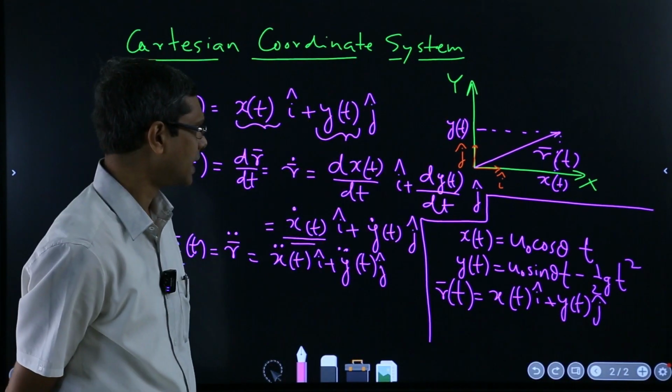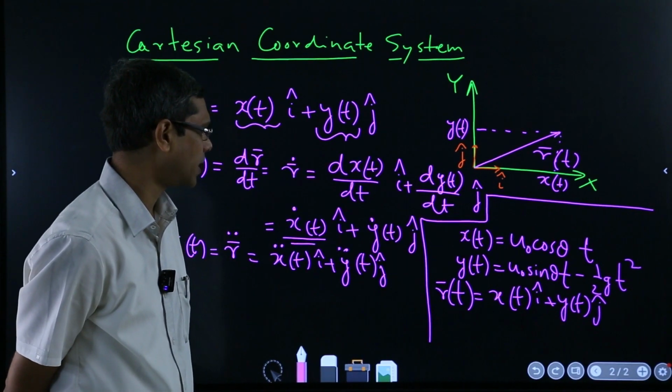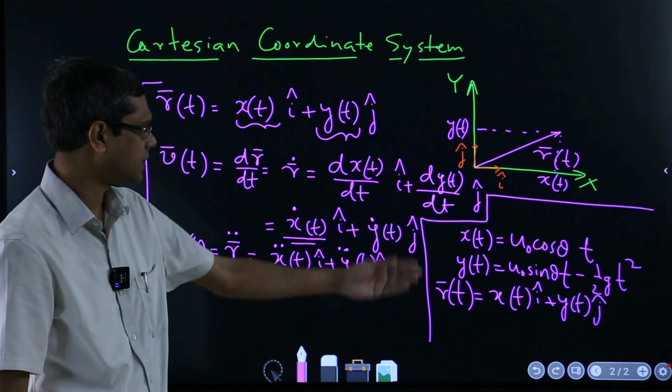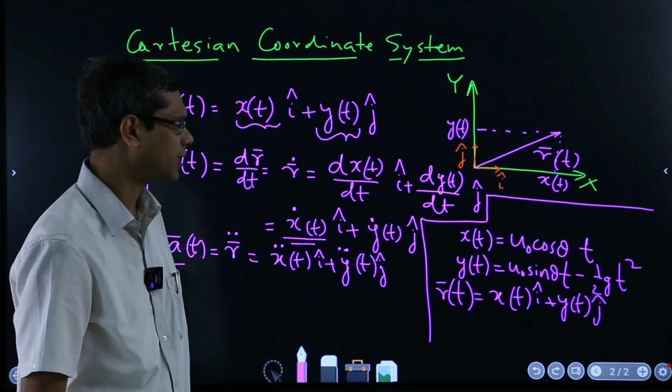Okay, so that's how you generally would write, and then you will get velocity and acceleration vectors by just differentiating these functions with respect to time.